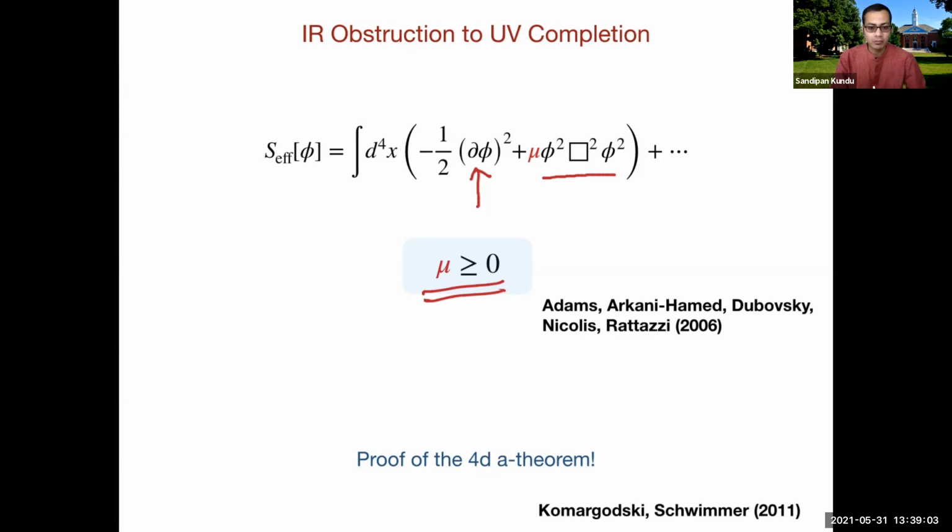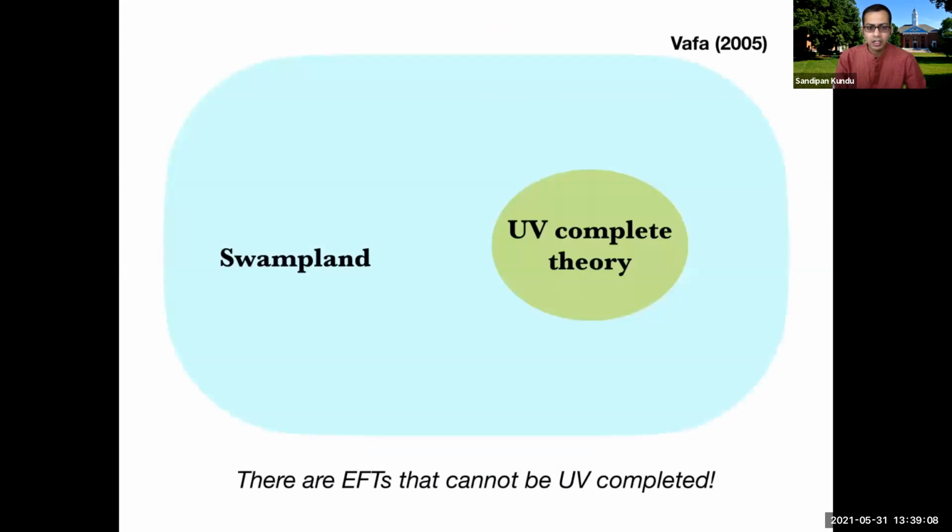This bound is actually part of a more general idea. So it's the idea of Swampland by Vafa. So it is expected that there is a Swampland of effective field theories that can never be UV completed. So in other words, only a subset of all effective field theories come from some UV complete theory.